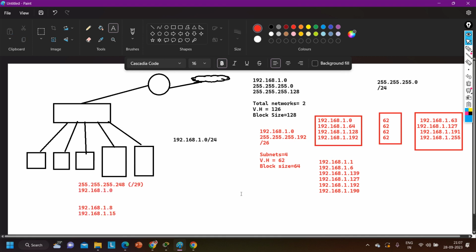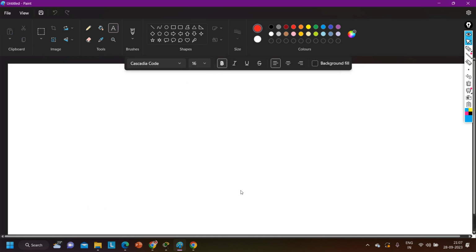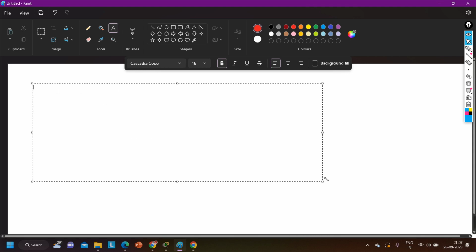In the same way, let me take one example of class B: 172.16.10.0. The default subnet mask for this IP address is /16.